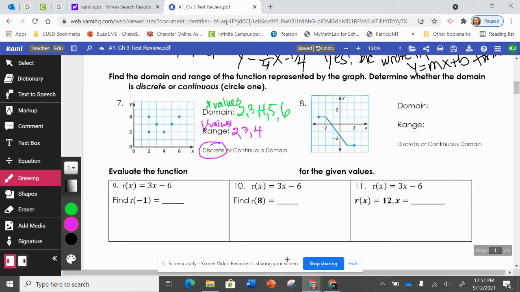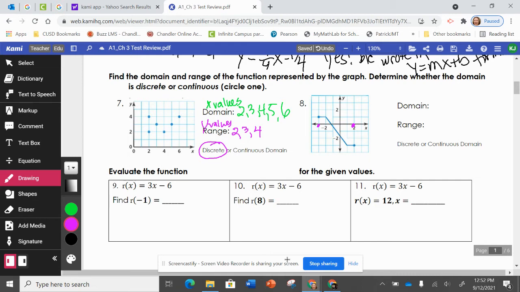For number 8, these two dots are connected. That means that we can have any x values in between this right here, which is -3, and this side, which is +2. So we could have -2.795. We can have 0.332. We can have 1.4. We can have those decimals.